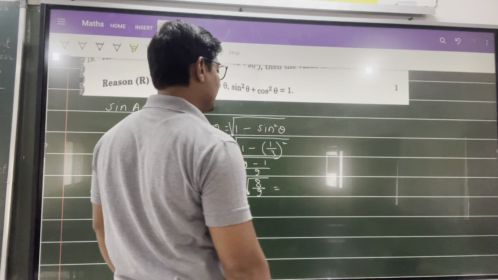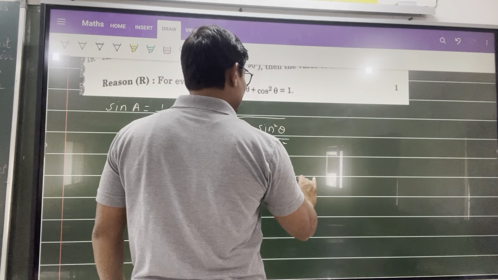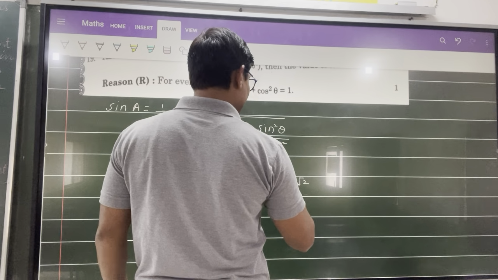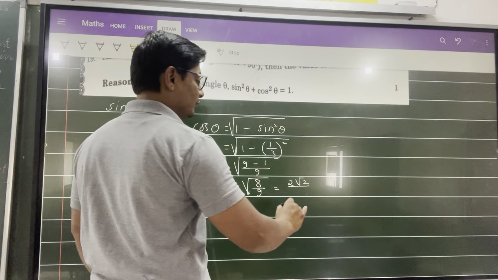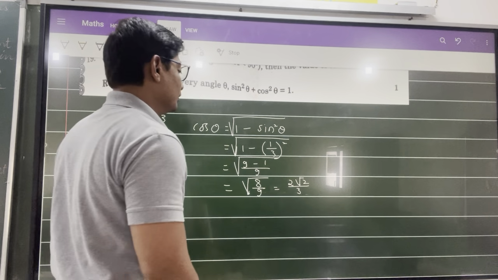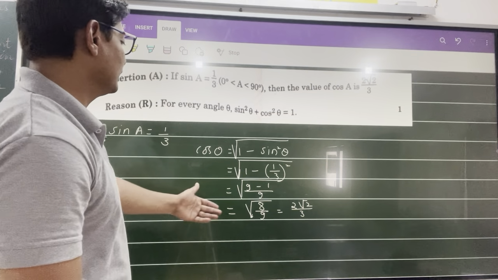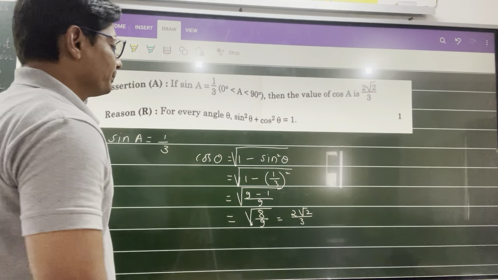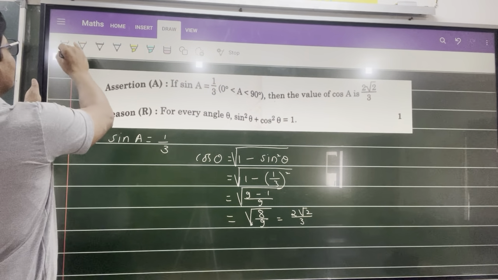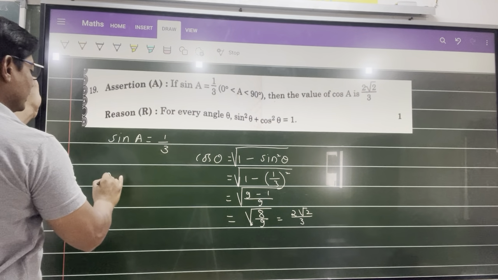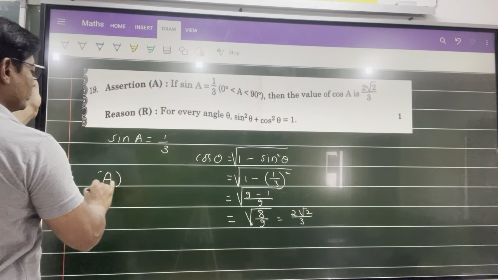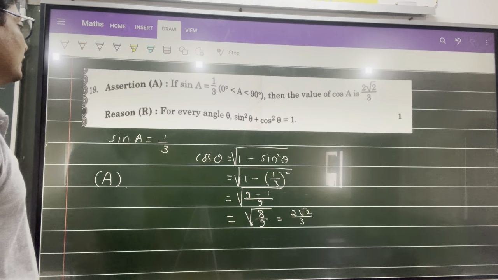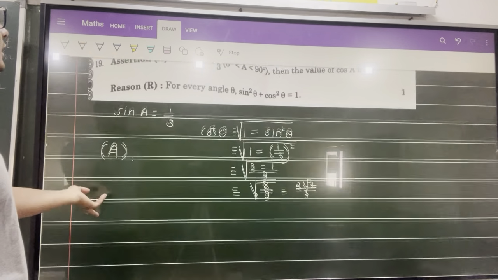So this is nothing but 2 root 2 in the numerator, and the denominator is 9, which is a perfect square, so it will become 3. So here you can see that the reason is also the correct explanation of the assertion. Therefore option A would be the correct option, because the reason is the correct explanation of the assertion.